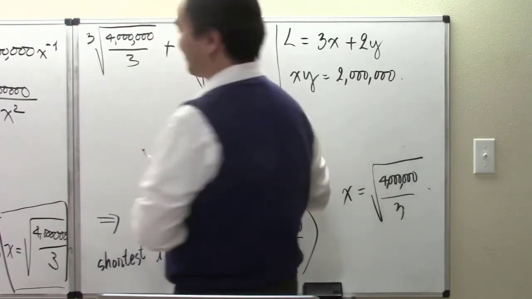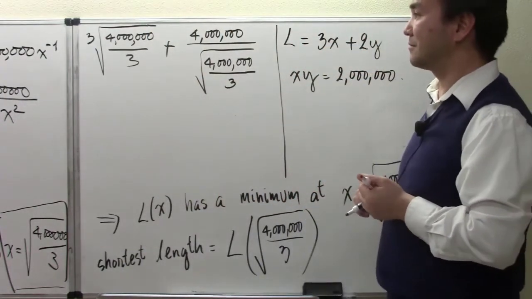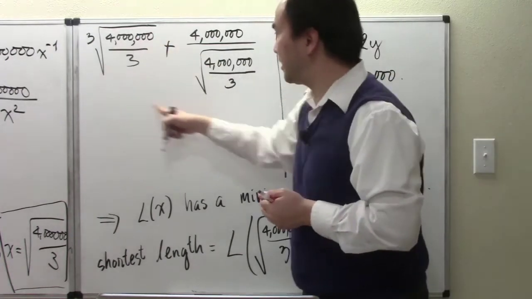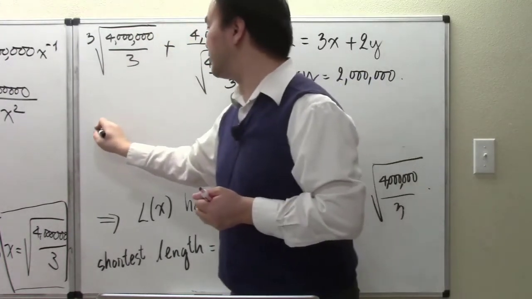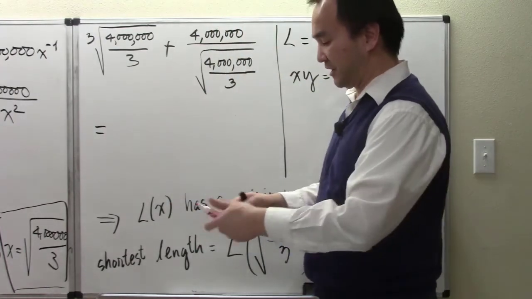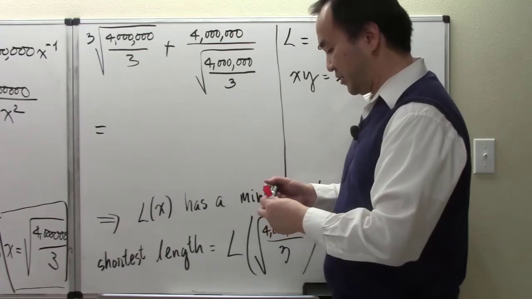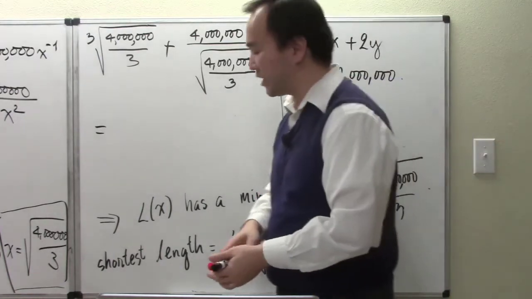And after doing a calculation for this, we are going to be looking at our final, the shortest length we can get right here. And so now allow me to do some quick calculation here.